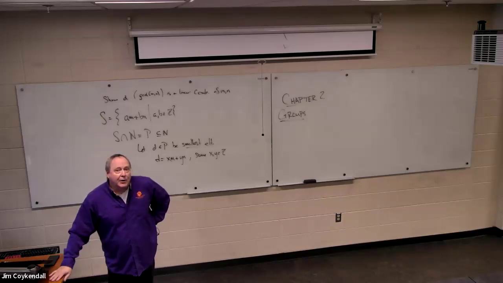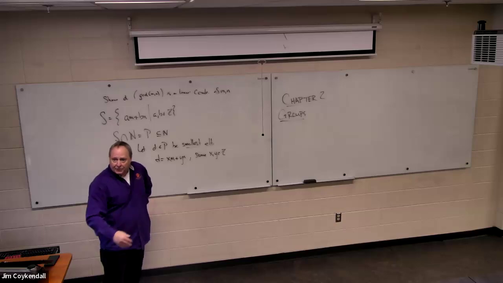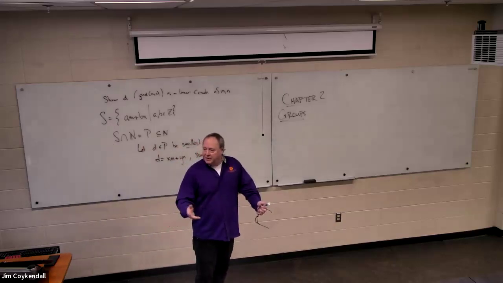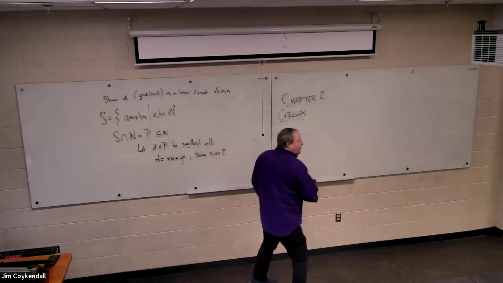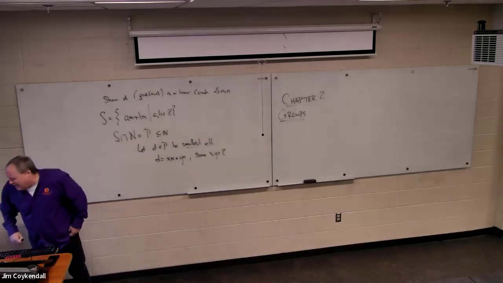In my undergraduate school, if you were a chemistry major, you didn't have to take abstract algebra, but you had to have a little bit of group theory because they studied symmetries and basically crystals and things of this nature.